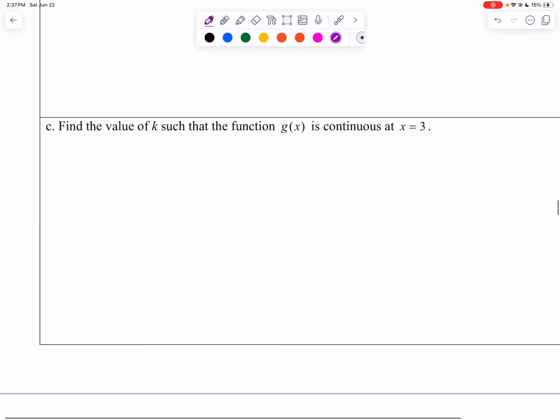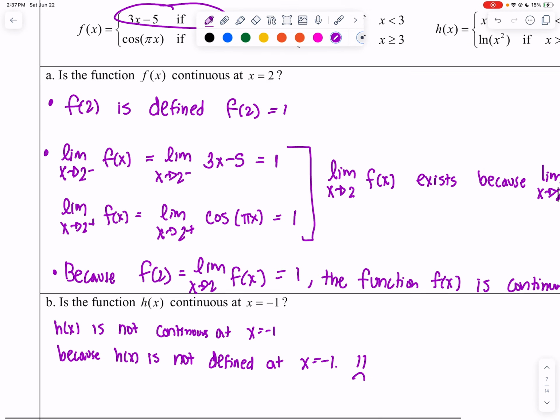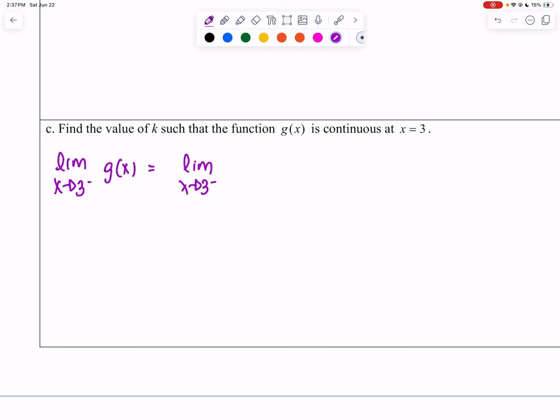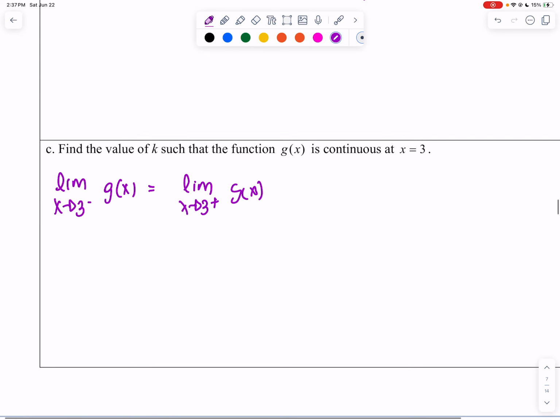Part C says, find the value of k such that the function g of x is continuous at x equal to 3. So before I even look at g of x right here, I'm going to write my little statement that the limit as x approaches 3 from the left of g of x needs to be equal to the limit as x approaches 3 from the right. 3 from the left is going to give me kx squared minus 2x.